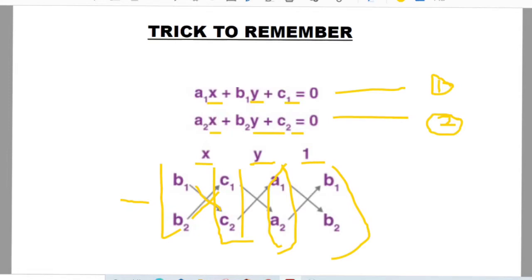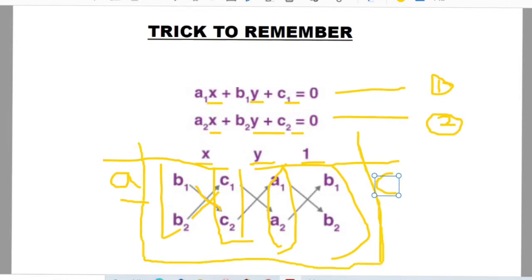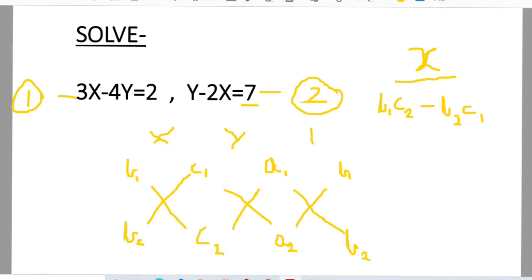One more thing you can do in order to remember: there is a series of variables A, B, C, and you can continue that A, B, C. Imagine an imaginary A here, and then B, C, and then again repeat the equation A, B. Don't write C here, just forget the C. You write A, B, C, and then again A, B, C. Extract the first and the last part, just take this part, write x, y, and 1 in between them, do the cross multiplication, and you will easily get the formula.